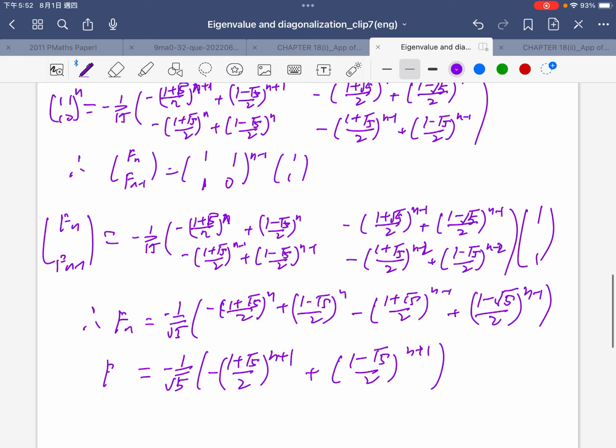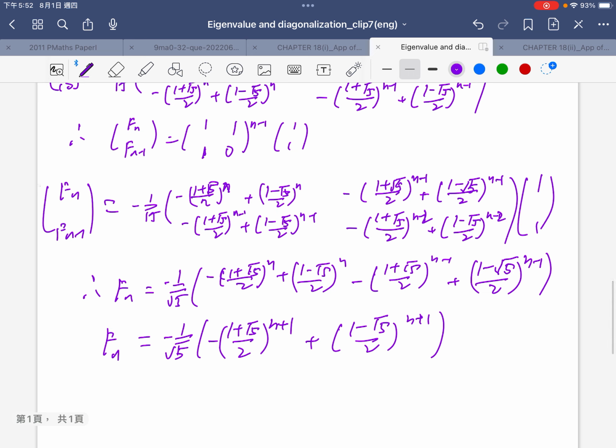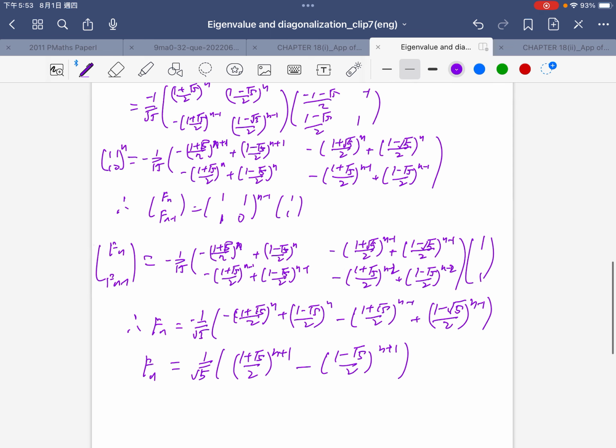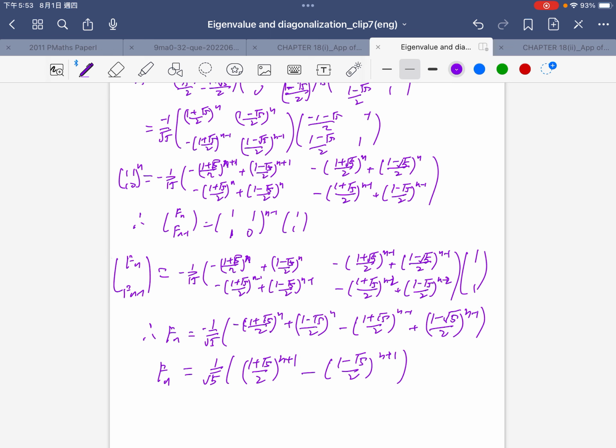This is the general term of the Fibonacci sequence. Crazy, but it is an integer. It is an integer, but in the format of surd form. Multiply the minus sign inside the bracket. This becomes positive. This becomes negative. Okay, crazy. Okay, it is the final step.